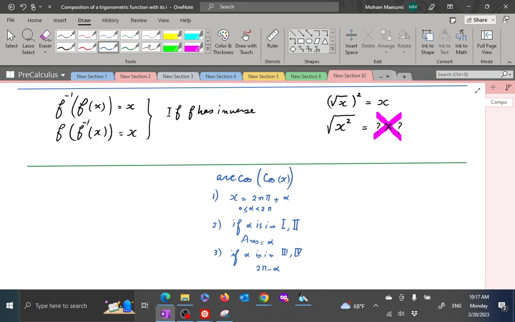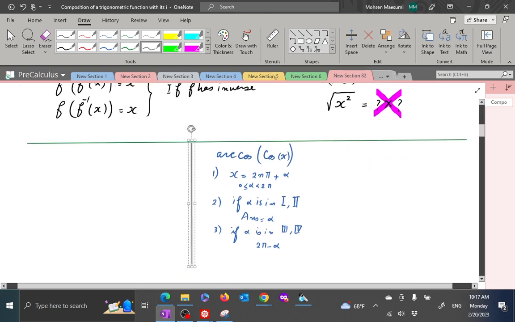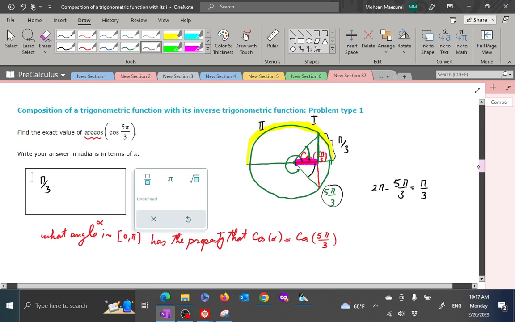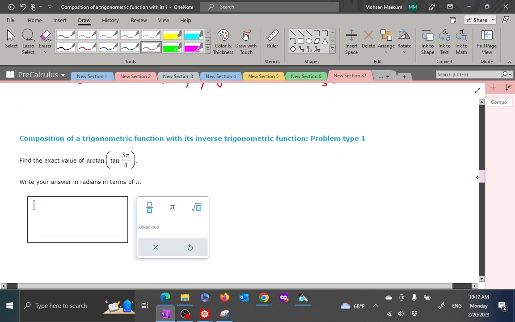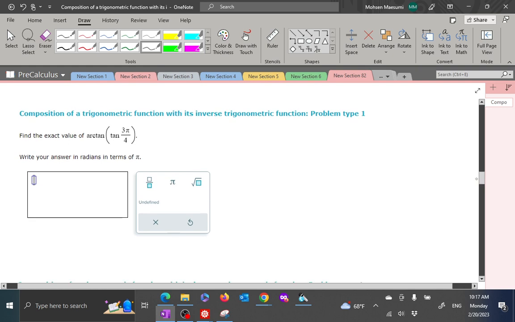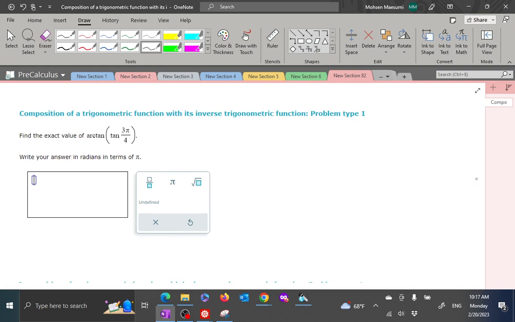So let's separate this thing from now. Let's take a look at some examples of tangent. Arctangent of 3 pi over 4.